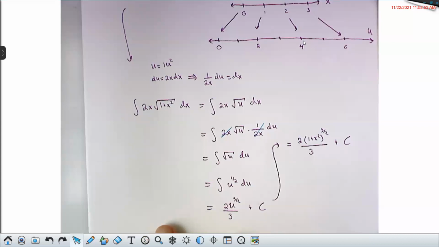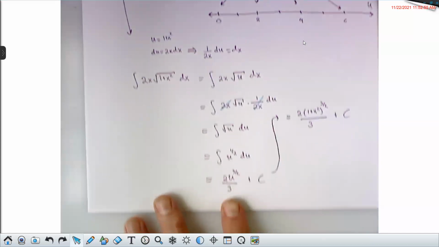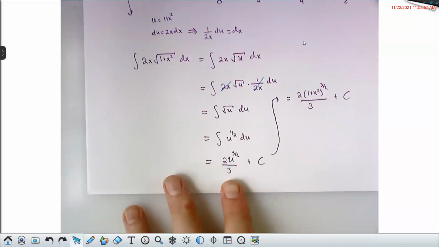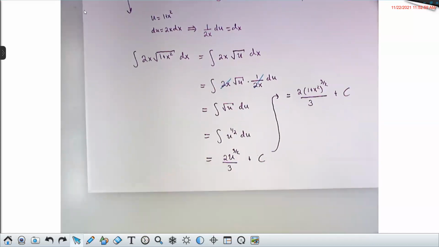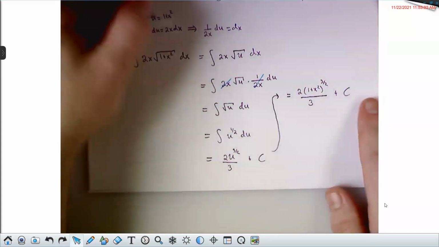Oh, and I just noticed something. So first, let's focus down here for a minute. Questions on this procedure. So like, here's the whole problem.